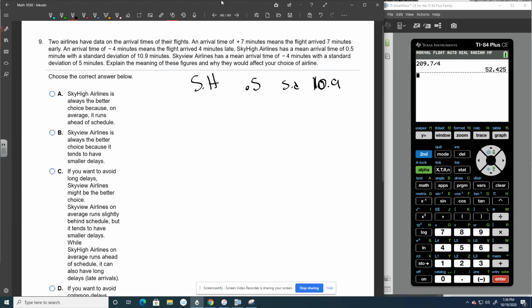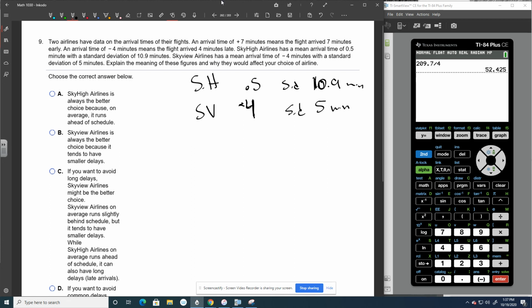Okay, so that means that they are pretty close to being on time, but they have a large standard deviation. They can be a lot late or a lot early. Okay, Skyview has an arrival time of -4. So that means it averages 4 minutes late with a standard deviation of 5 minutes.